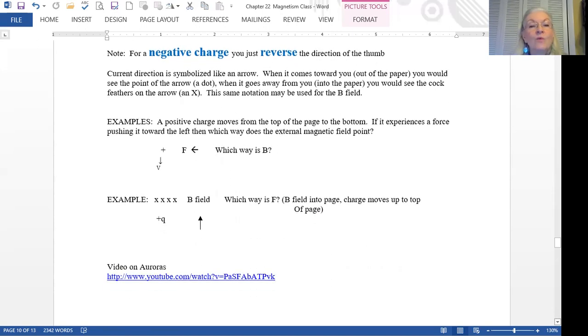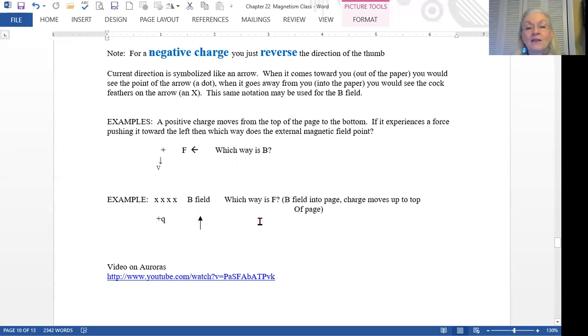All right, so when we do our drawings, if we have current going into the paper or out of the paper, we symbolize it as either a dot or an X. If it goes to the right, it's just an arrow. To the left, it's an arrow. Up is an arrow. Down is an arrow.